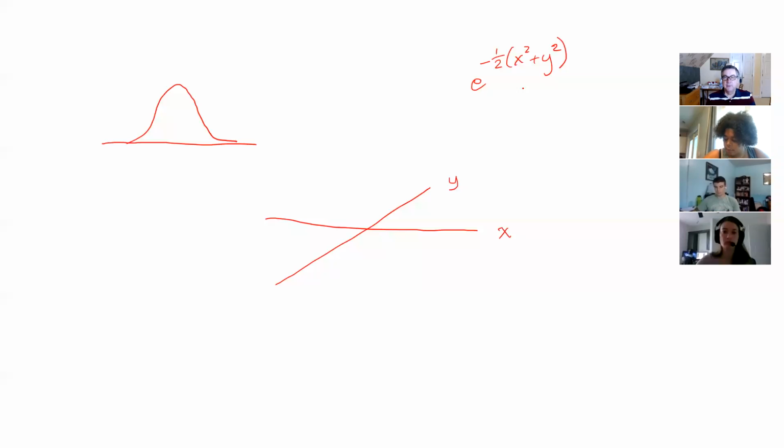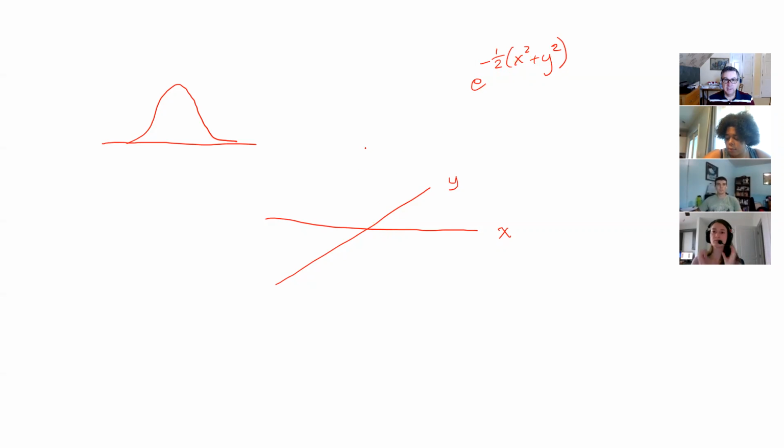First of all, the maximum of that function has to occur when x and y are 0, because then that becomes a 1, and any values other than 0 cause this to be less than 1.